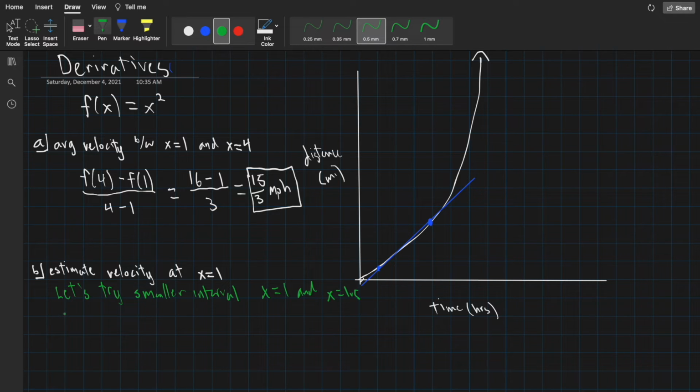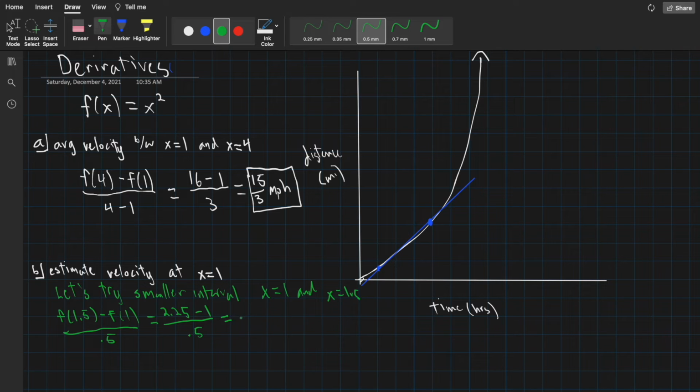So then the average speed would be f of 1.5 minus f of 1, all over 0.5, which is our change in x values. So this would be equal to 1.5 squared, which is 2.25, minus 1, all over 0.5.